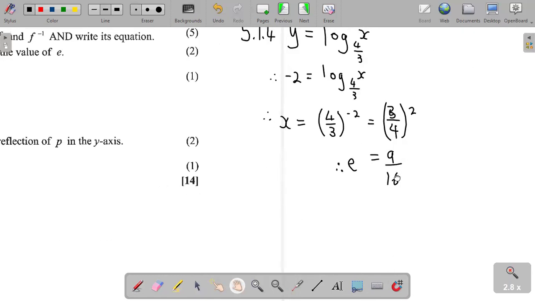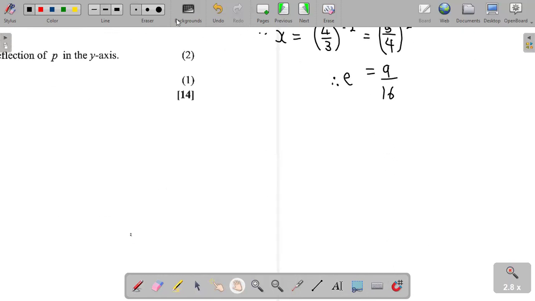So 5.1.5, it's going to be x is greater than 0, x an element of the real numbers.